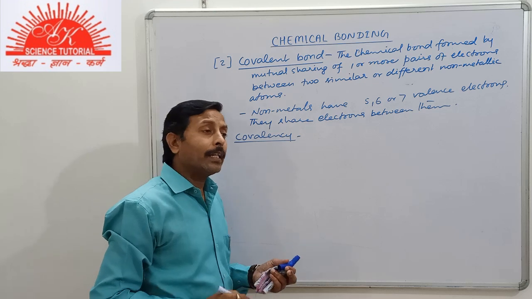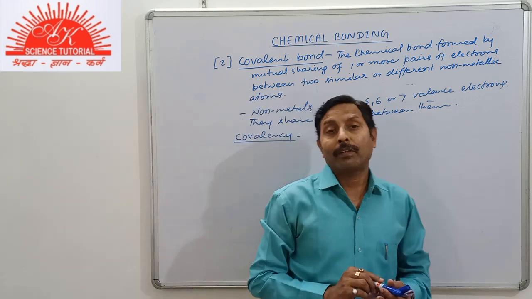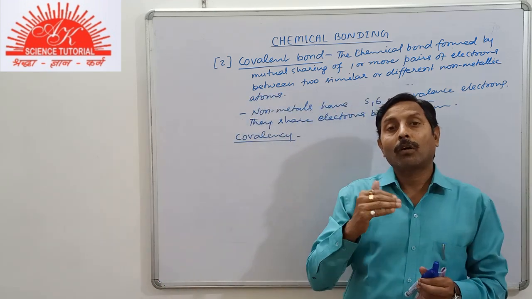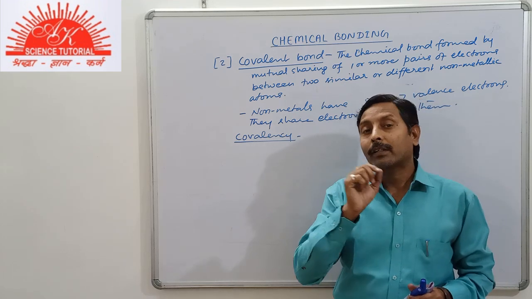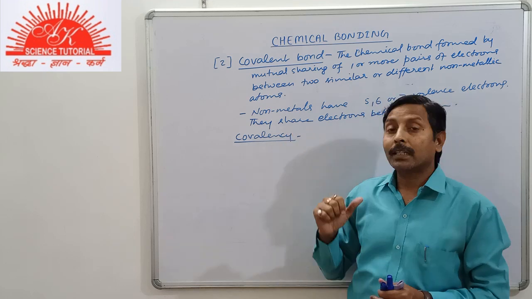Now the question is asked, what is covalency? In electrovalency we studied that the number of electrons lost or gained by an atom is called electrovalency. But here sharing has to take place.